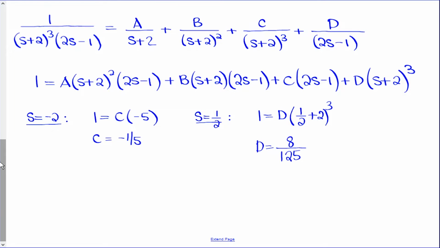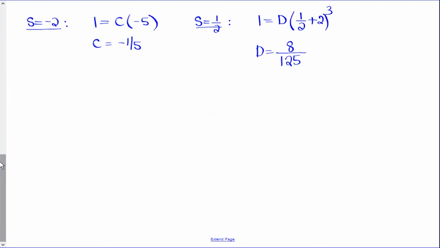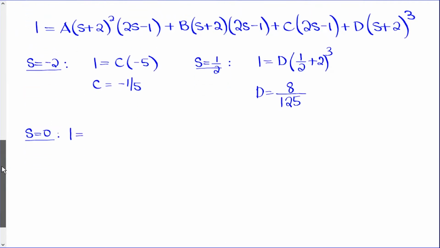Now, in order to solve for the remaining variables, you can just put whatever your heart desires for s and solve a system of 2 equations, 2 unknowns. Have a look. I'm going to plug in s equals -1 and s equals 0. So start with s equals 0. If I do that, I'm going to have 1 equals, if s is 0, the first term becomes -4A.